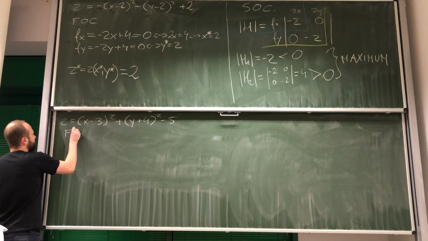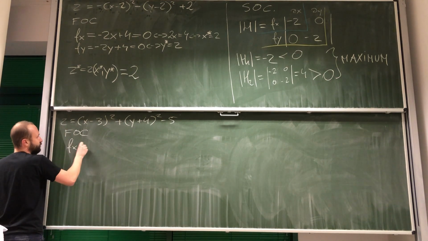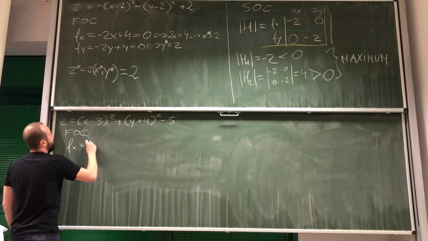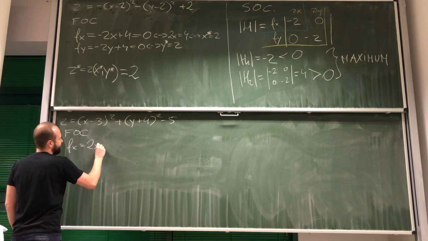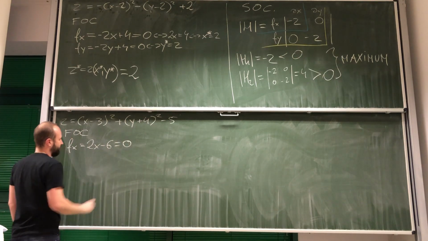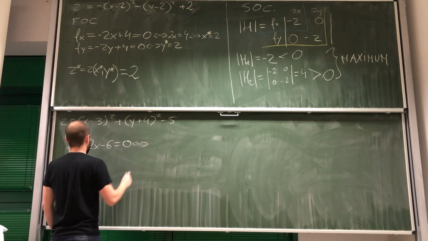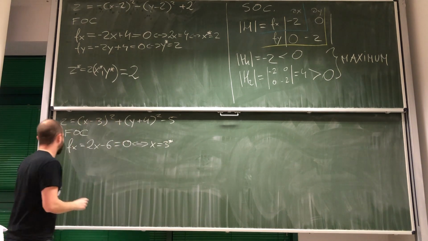We start with the first order condition. I calculate the derivative with respect to x. Using the chain rule again, I get 2x minus 6 equal to 0, and out of this x equals 3.